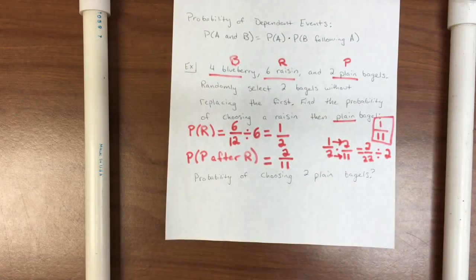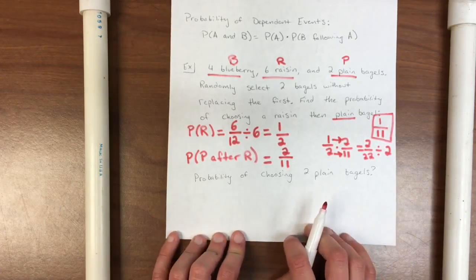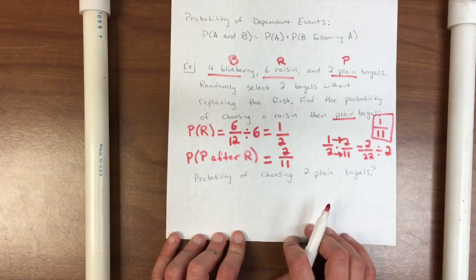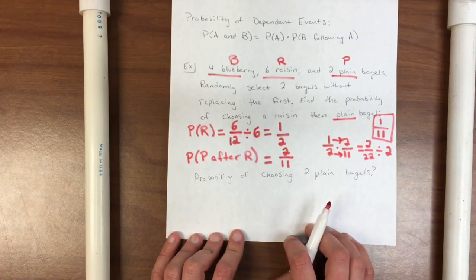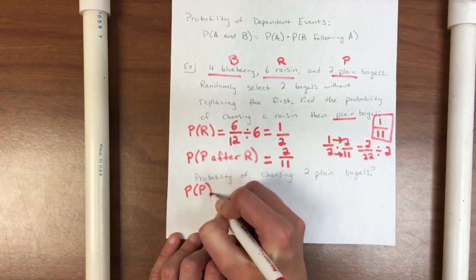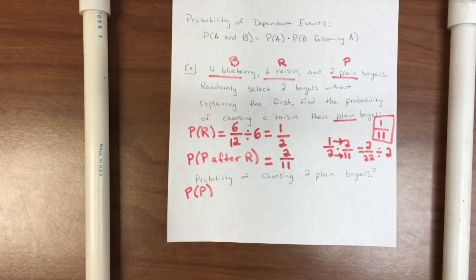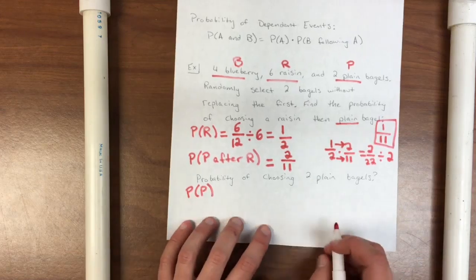All right, on to our last example. We want to find the probability of choosing 2 plain bagels in a row. So what is our first event going to be? Probability of choosing a plain bagel. Go ahead and find the probability of choosing the first plain bagel on your own. All right, let's see how you did.